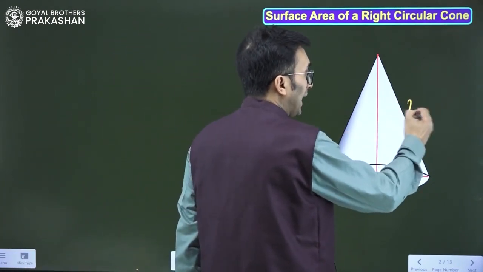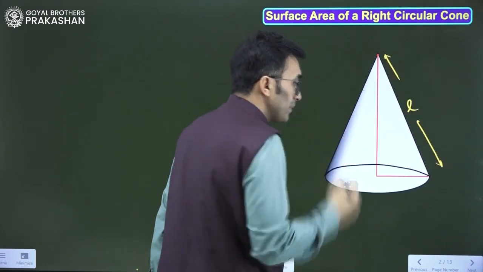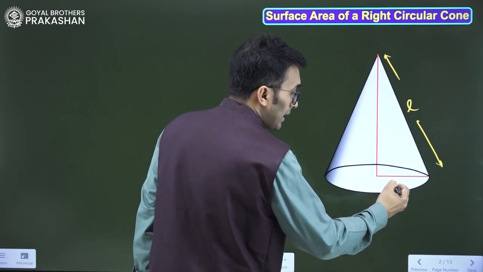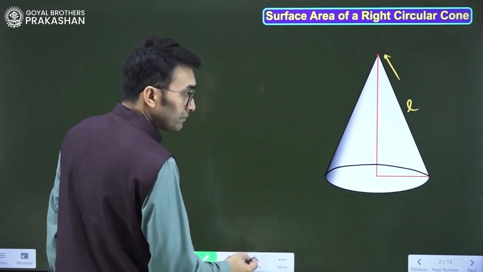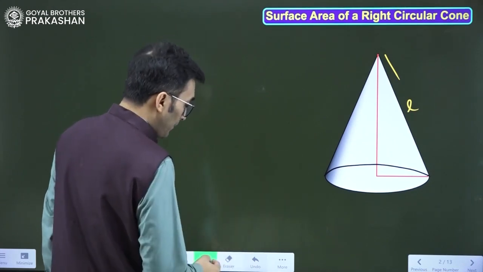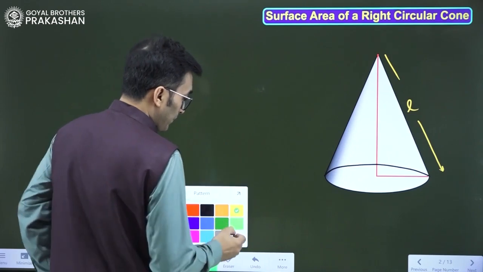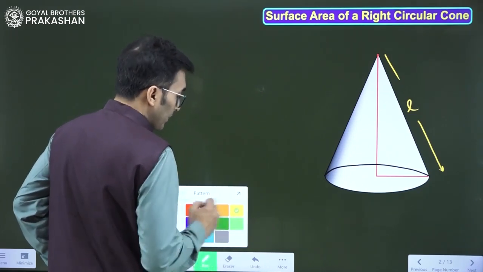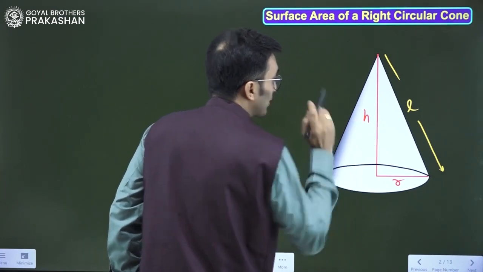This is L, the slant height. Next, this is the radius R and this is the height H.